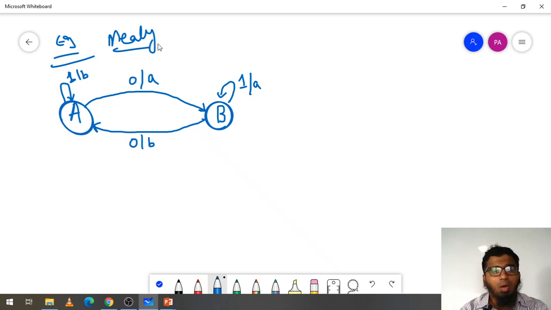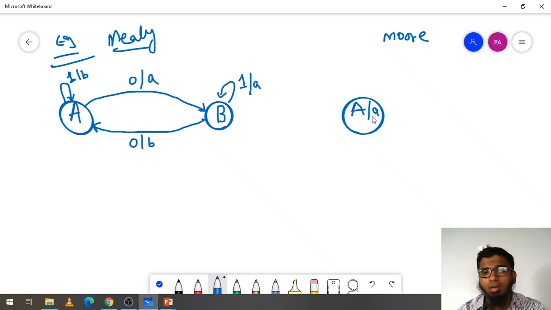Okay, and here I will draw for the Moore machine. Then when you see the two example state diagrams, you can easily identify by yourself. Okay, first one here, capital A slash small a. As I told you, in the Moore machine the output is defined in the state, capital B slash small b.